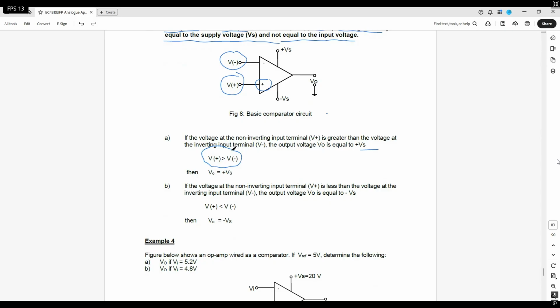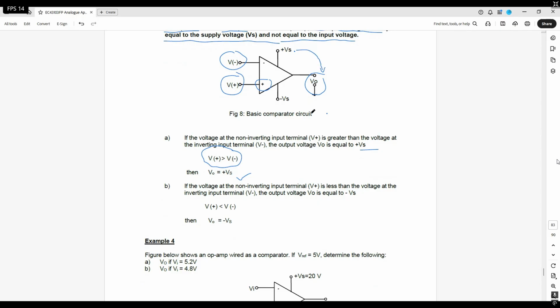After comparing, you decide what you want to appear at the output voltage. Here they tell you that if this condition is fulfilled, then the output voltage V out equals Vs. That means this voltage Vs will actually appear here at V out.